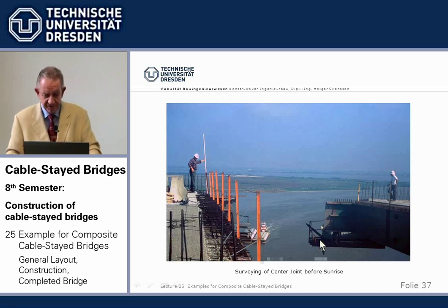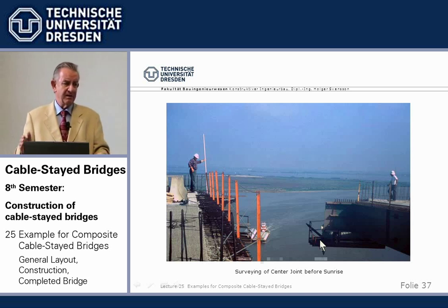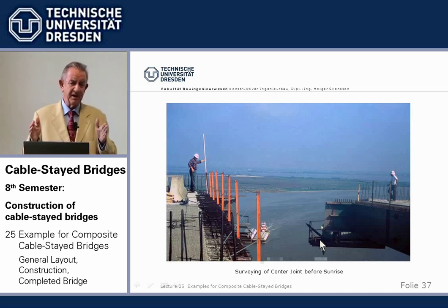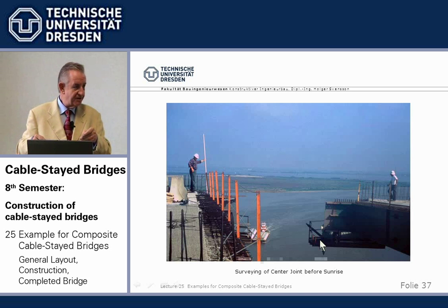As always, it had to be surveyed very carefully because the last piece has to fit. And very often one surveys and then fabricates the last piece, the closure piece, a little bit longer to be able to cut off in a little skew or so that the thing fits.